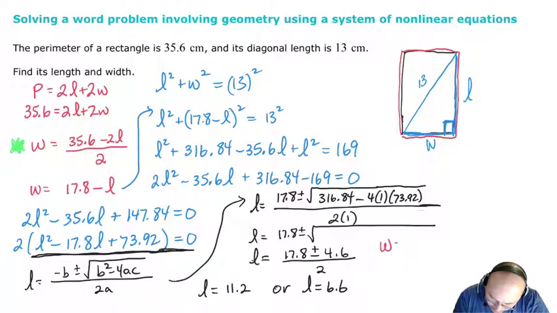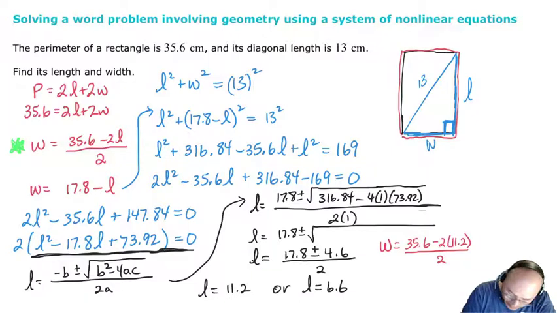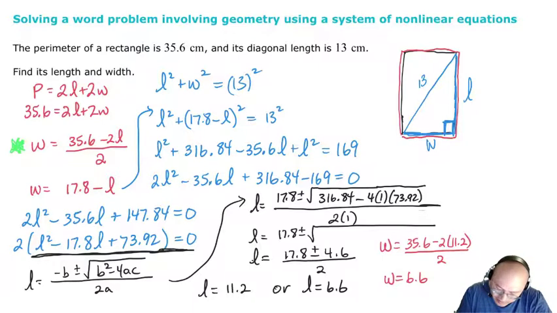W is 35 6/10 minus 2 times 11.2, all divided by 2. Let's figure what that is. 35.6 minus 2 times 11.2 into your calculator, divided by 2. And not a total surprise, we get W to be 6.6. So these two are matching up together.